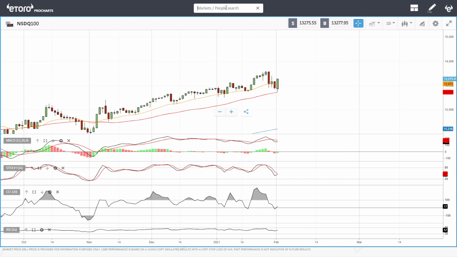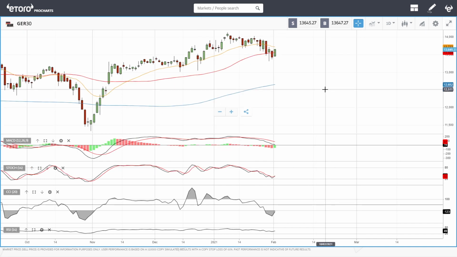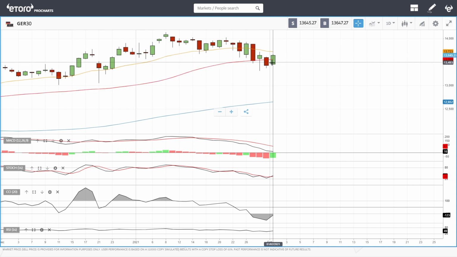So let's look at the DAX. As you can see, we have rallied, but I did not enter this market because we were trading underneath the 50 and the 20. We've rallied above the 50 now, but we were trading underneath it. So the 20 is most likely going to be a major resistance, and we could actually tumble even further down.